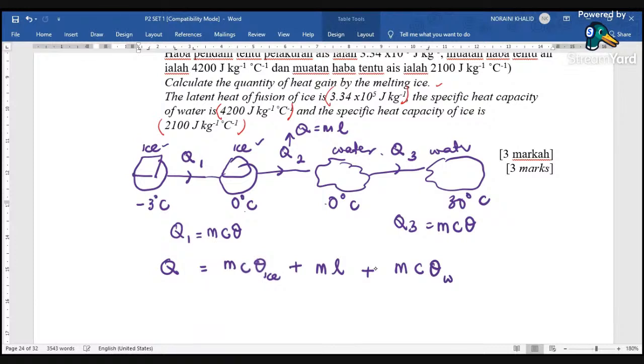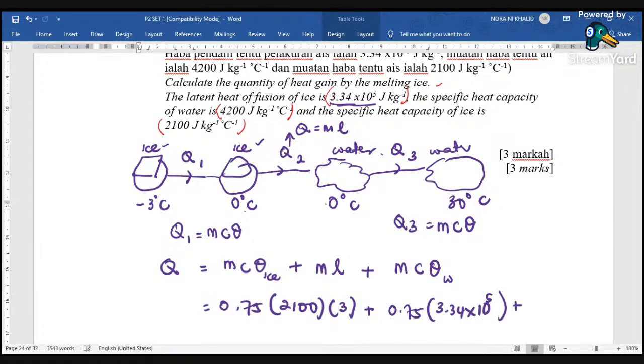Okay, we substitute all the values. Mass converted to kilograms, 0.75. This is ice, so c ice is 2100. Change in temperature, -3 to 0, means the change in temperature is 3. Plus 0.75, this is ice to water, so we use the specific latent heat of fusion, 3.34 times 10^5.